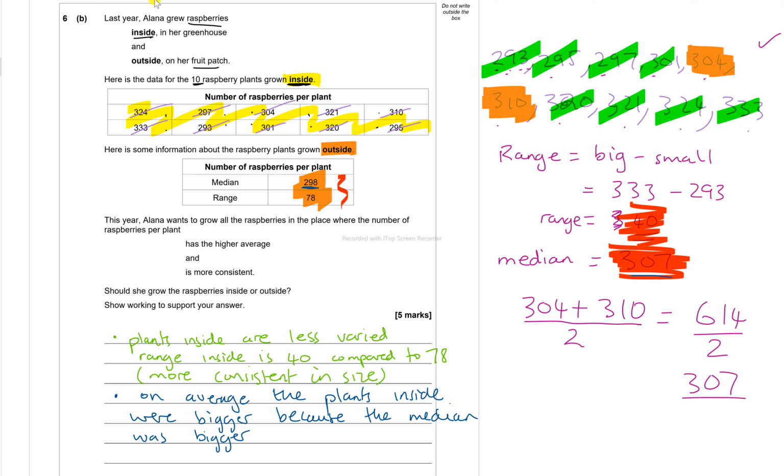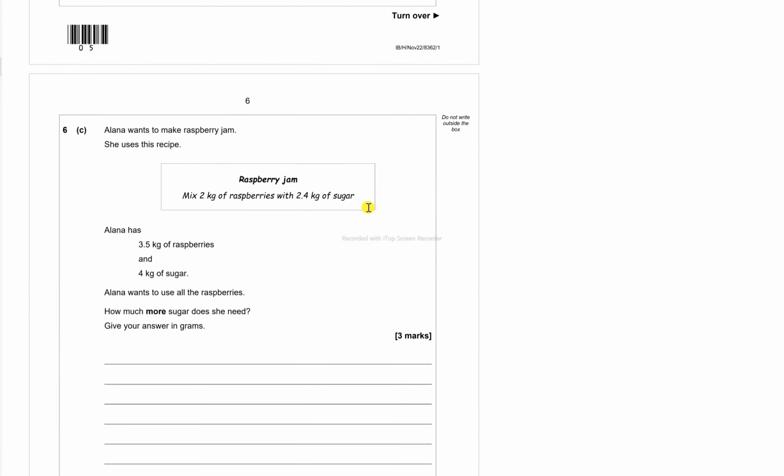Just something simple like that. So then should she grow the raspberries inside or outside? I would say, therefore, she should grow inside. But with inside, you've got limited room. You've also got probably expensive heating or whatever it is. Right, okay.